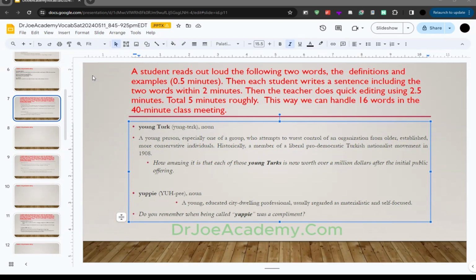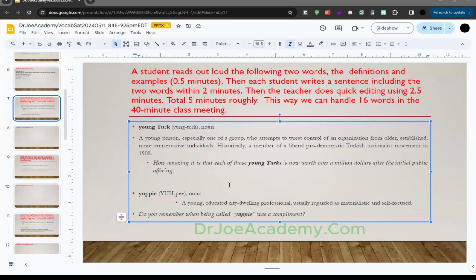How amazing it is that each of those young Turks is now worth over $1 million after the initial public offering. Well done, Rico. So a young Turk is a type of person, and this type of person is young and they are part of a group who is political.